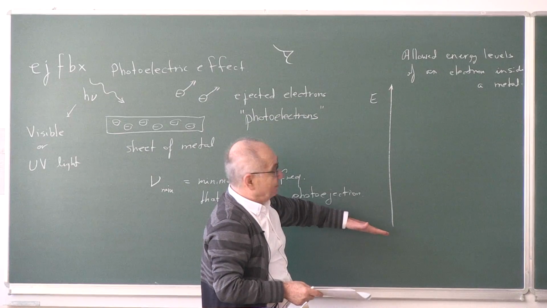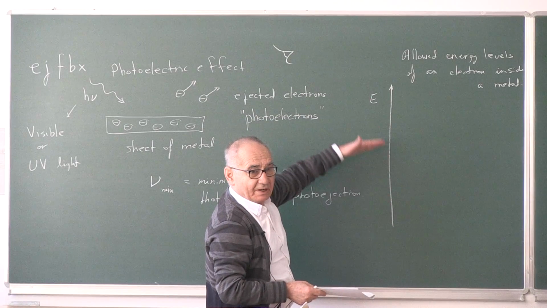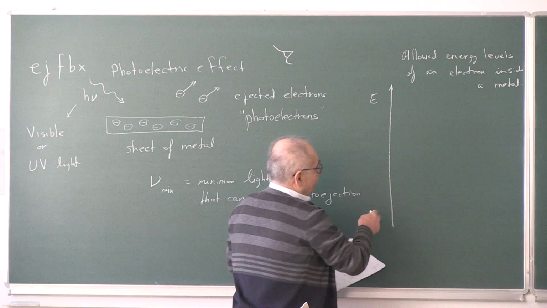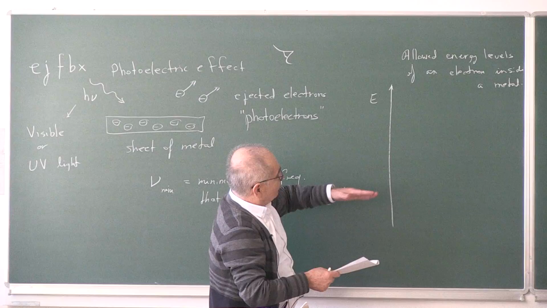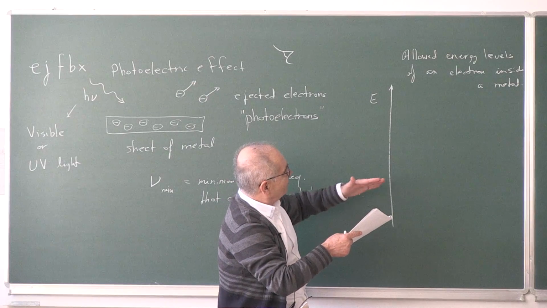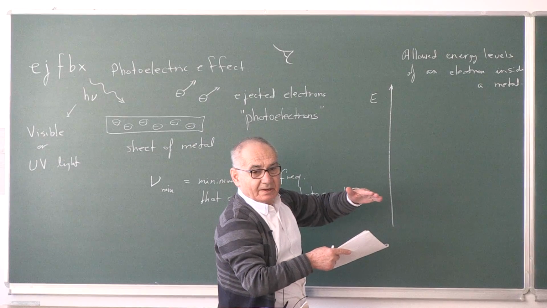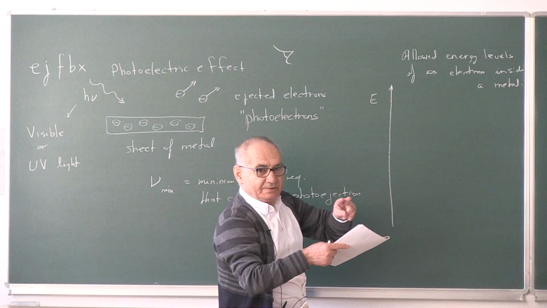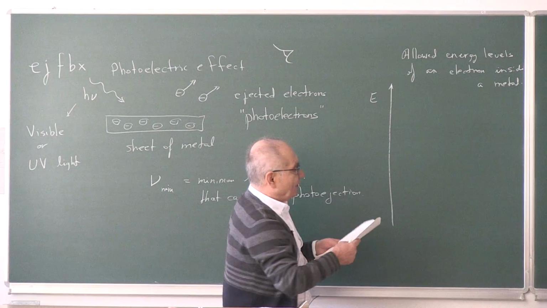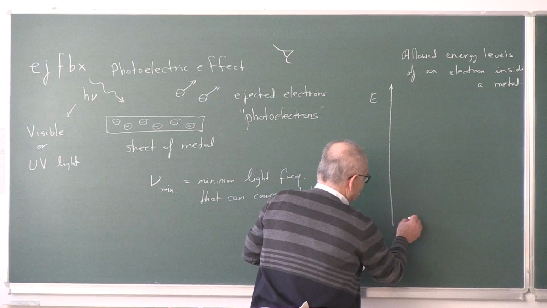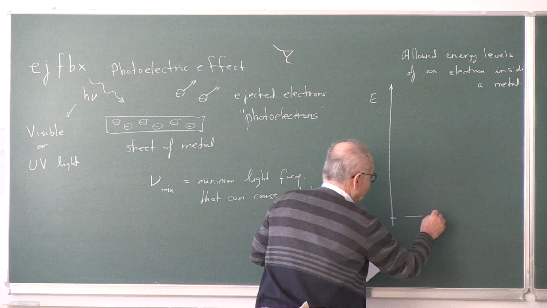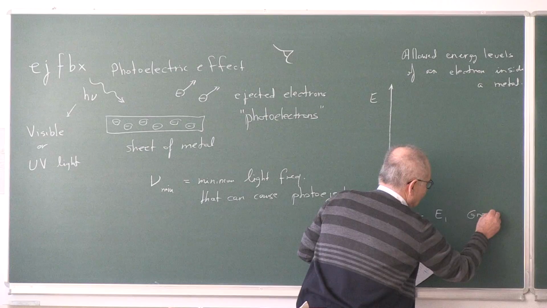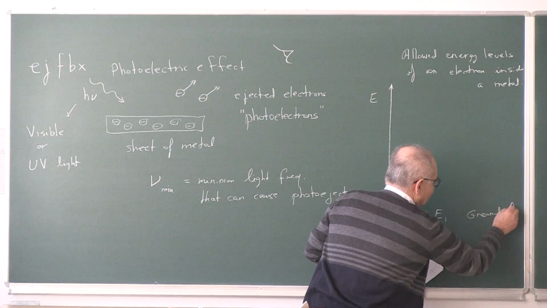We are considering all possibilities for the energy levels of the electron. The total set of electron levels can be characterized as two parts. One part is the quantized part, starting with this, the ground level.